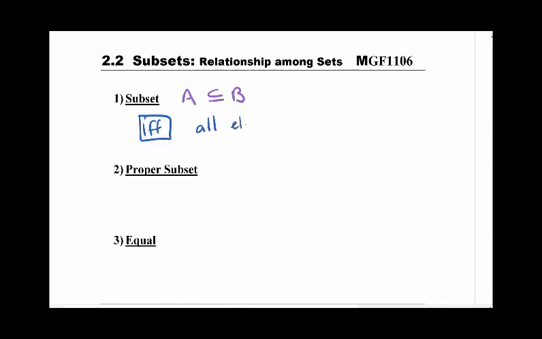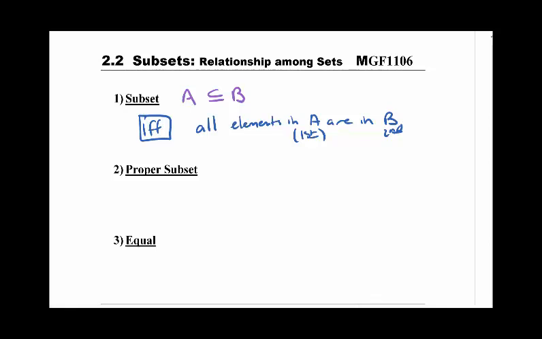All elements in A are in B. So everything in the first set, and that's important, order matters here, is in the second set. That bottom line, think of it as an equal to sign because it can be equal or less than.